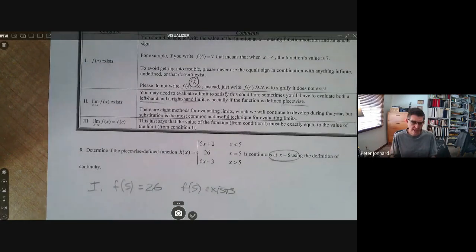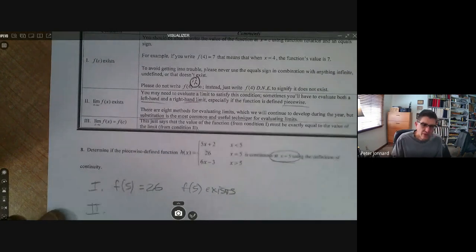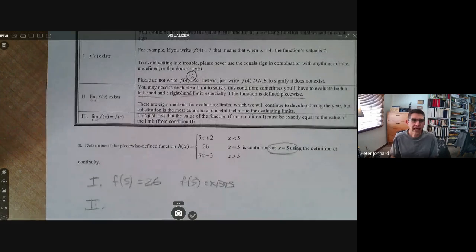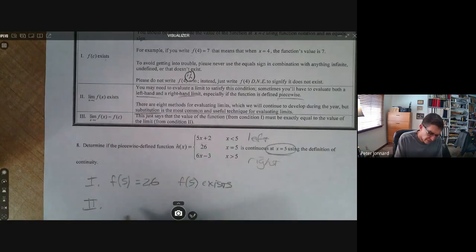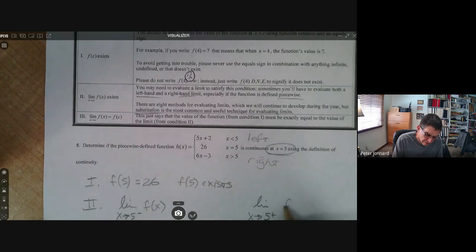Okay, condition number two, we have to evaluate the limit as x approaches c of f of x. Now that's a little bit different. We have to consider that we approach from the left, and we also need to approach from the right. So I really need to do two limits. I have to evaluate the limit as x approaches 5 from the left of f of x, and the limit as x approaches 5 from the right of f of x.